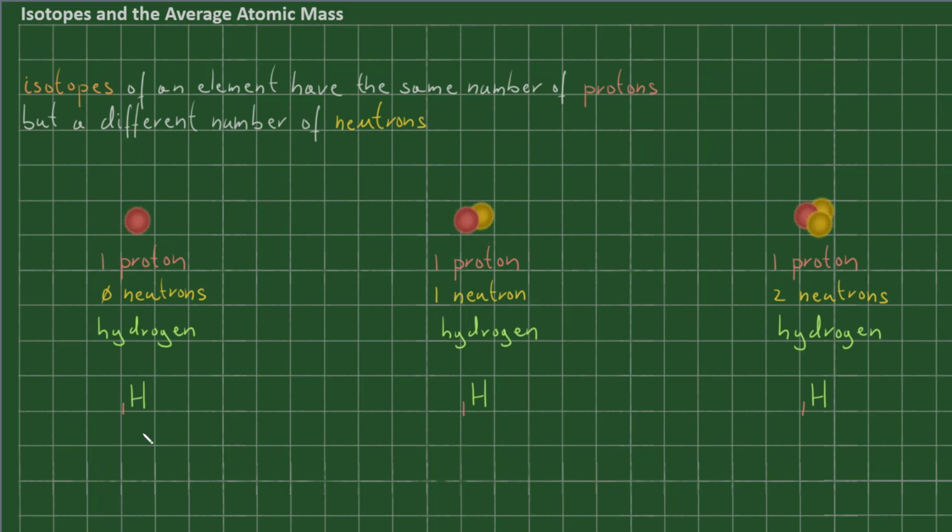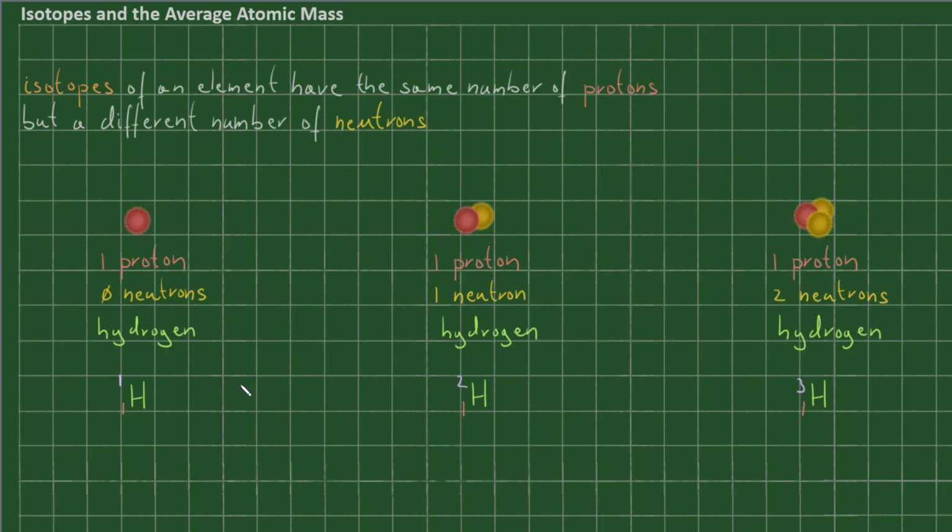So for the hydrogen on the left, the atomic mass number is 1, because I have 1 plus 0. For the hydrogen in the middle, the atomic mass number is 2: 1 proton plus 1 neutron. And for the hydrogen on the right, the atomic mass number is 3, because now I have 1 proton plus 2 neutrons.